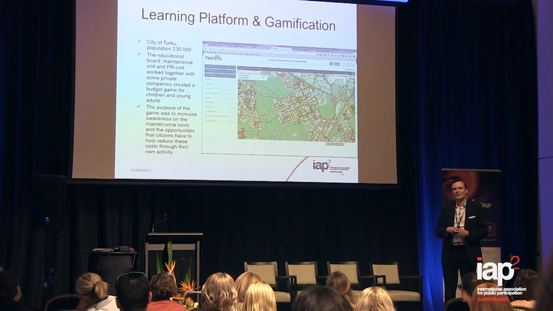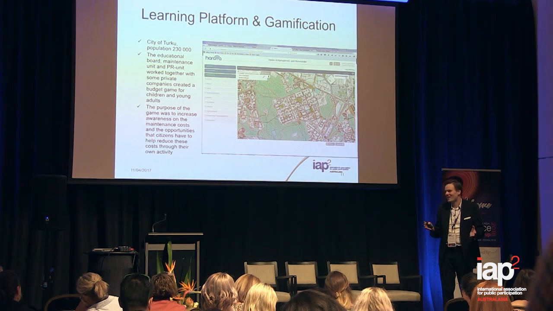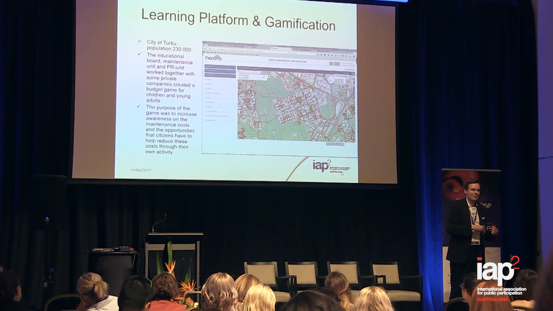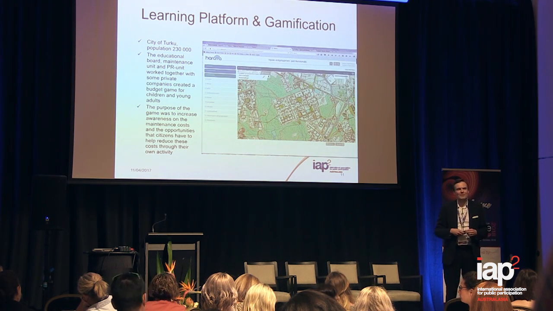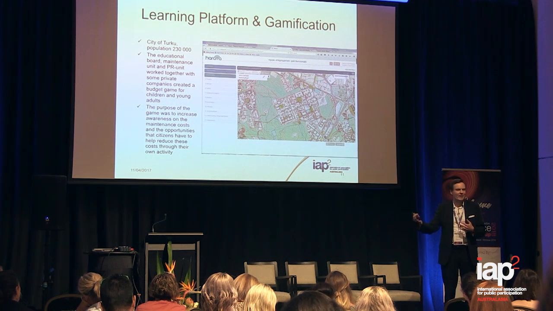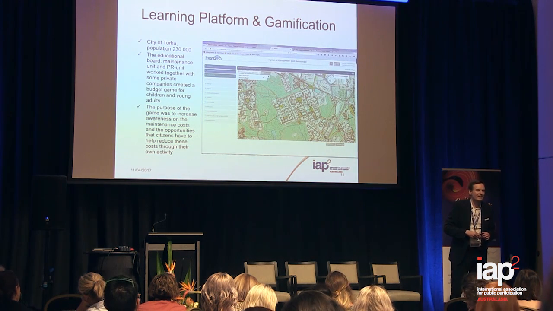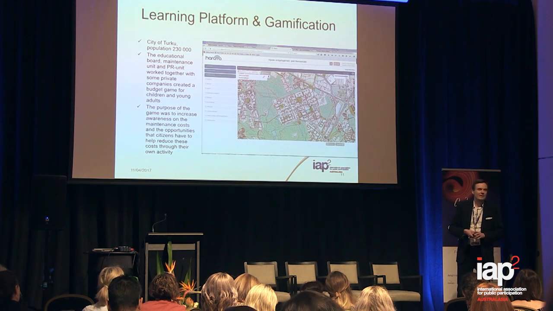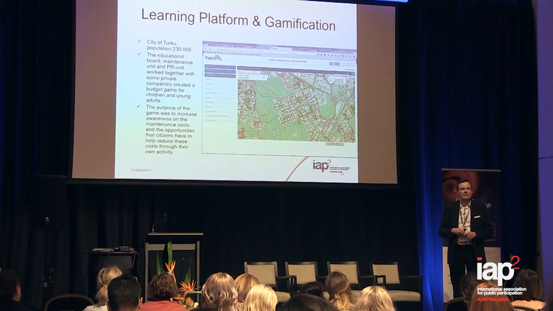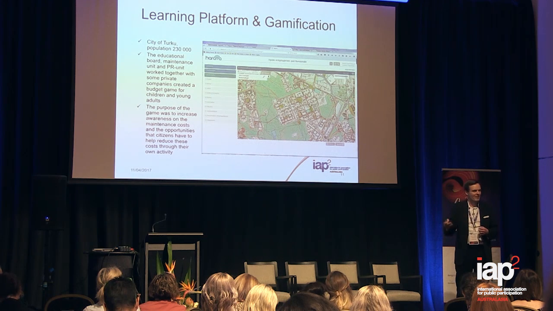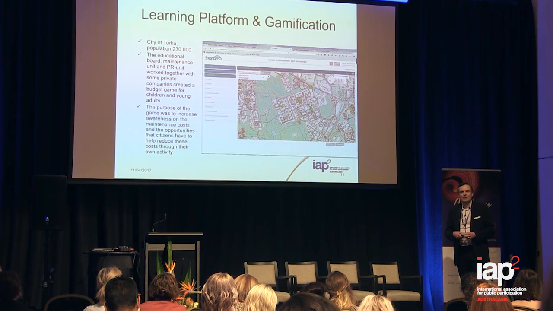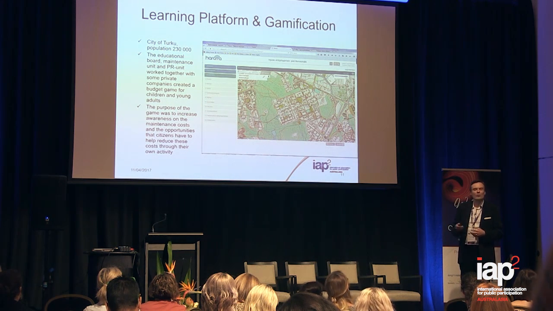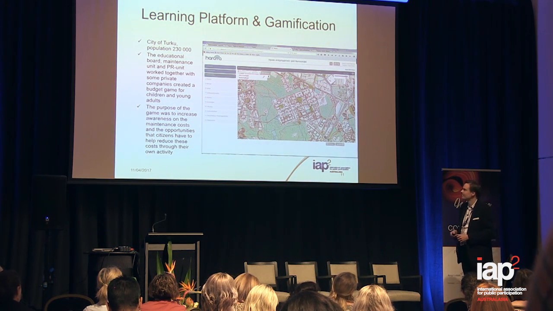Not necessarily those who are breaking things, they might not care, but the other youth started to exercise some pressure, because they understood that this affects whether we're going to get the new skate park or not, if we break this and that. Within a 1 or 2 year period, there was a huge change in how the youth behaved, because they had a much better understanding through this gamification of the real cost of things.